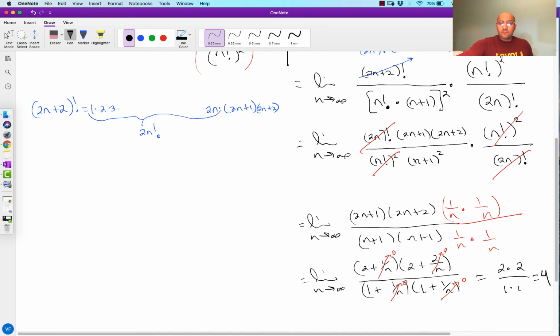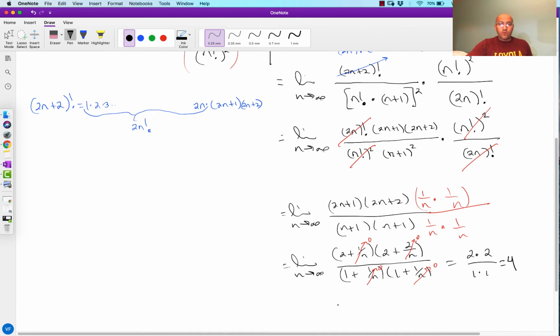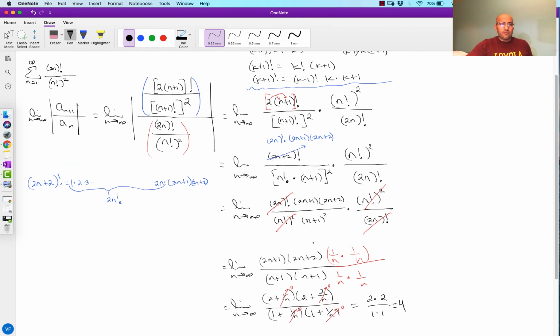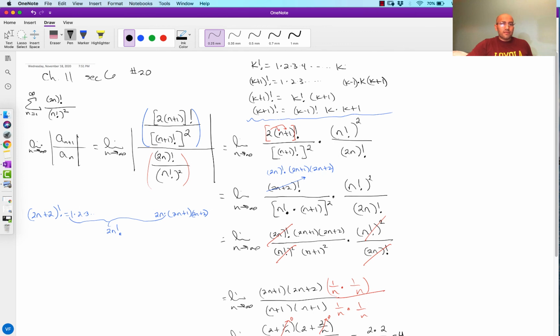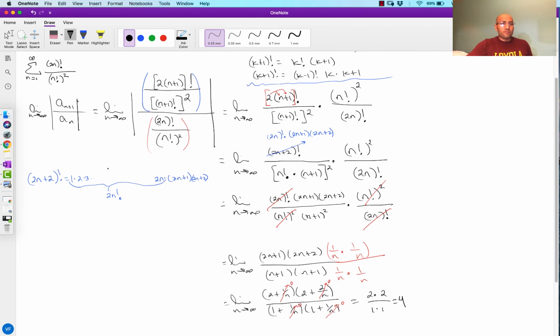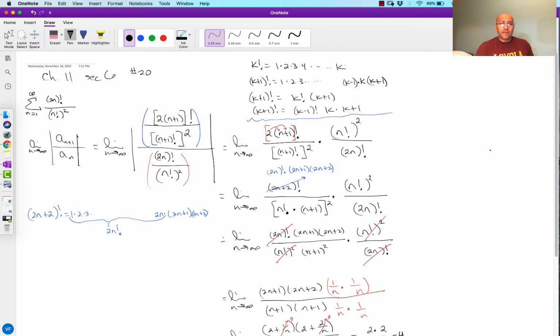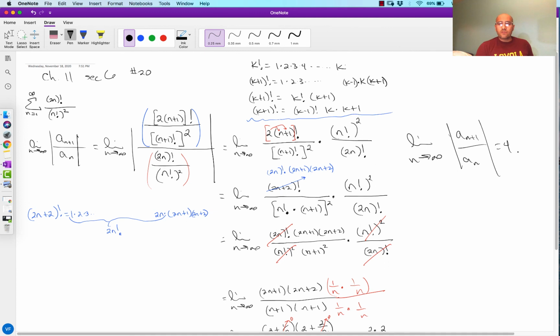Okay, so after all that work, we've established that this is going to go toward 4, which is greater than 1. So we have that the limit as n goes to infinity of the absolute value of a_(n+1) over a_n is equal to 4, which is greater than 1.